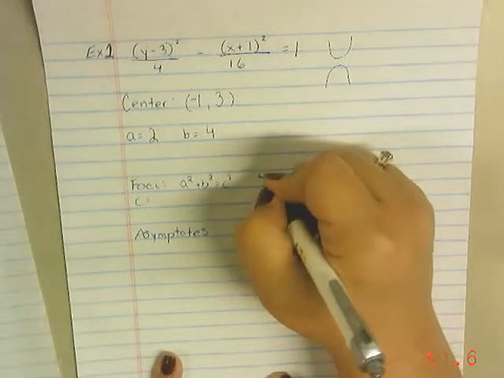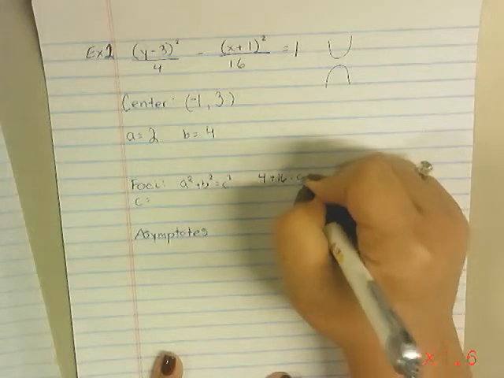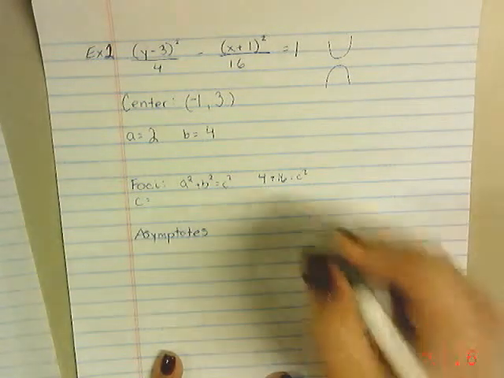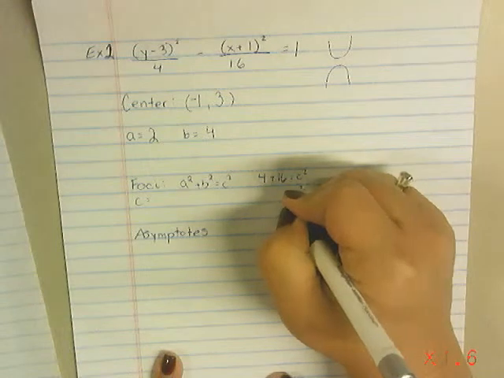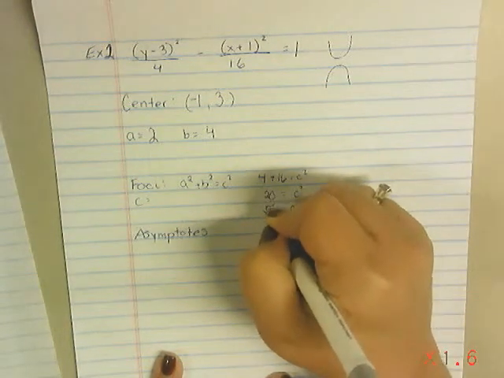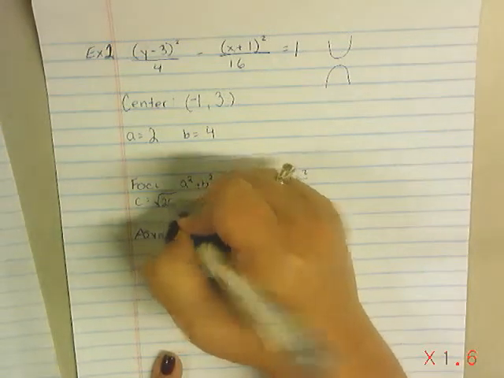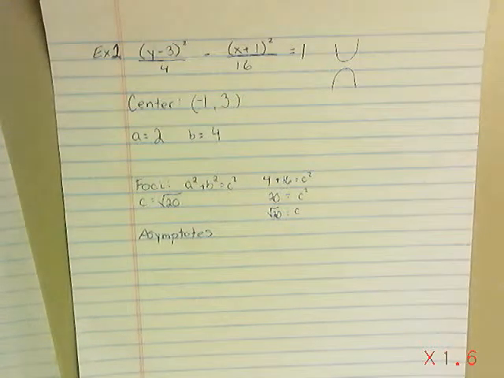So a² is 4, b² is 16, that equals c². So c² equals 20, so c equals the square root of 20. That's not as nice and pretty as some of our other ones, but we'll make it work.